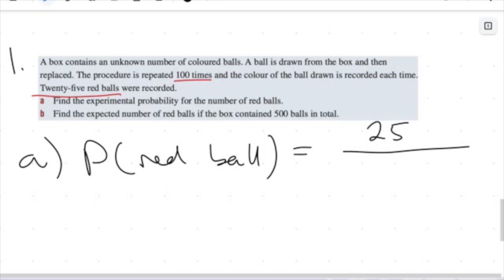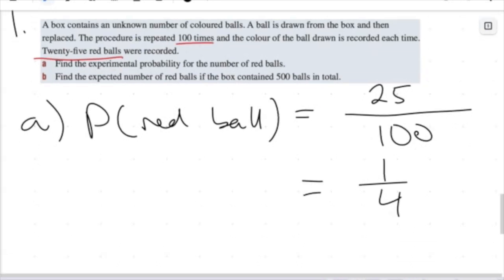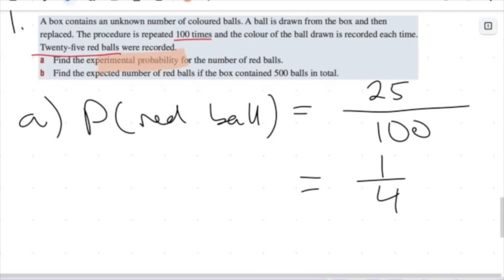And we express that as a fraction over the total amount of times we ran this experiment. So here, we ran this experiment 100 times. So that is going to go on my denominator. So my probability of getting a red ball, my experimental probability, gives me 25 out of 100 trials. And we can simplify this to 1/4 here. Okay, so we found the experimental probability.